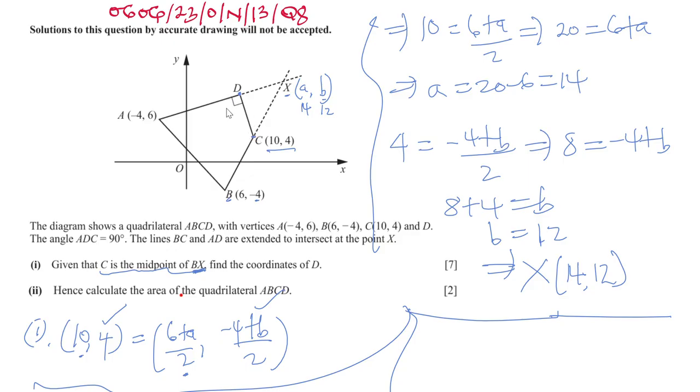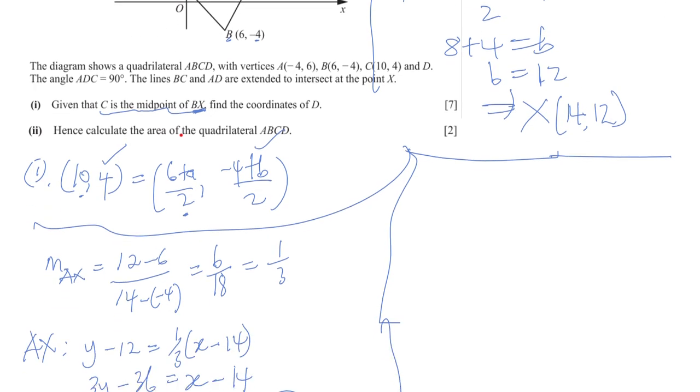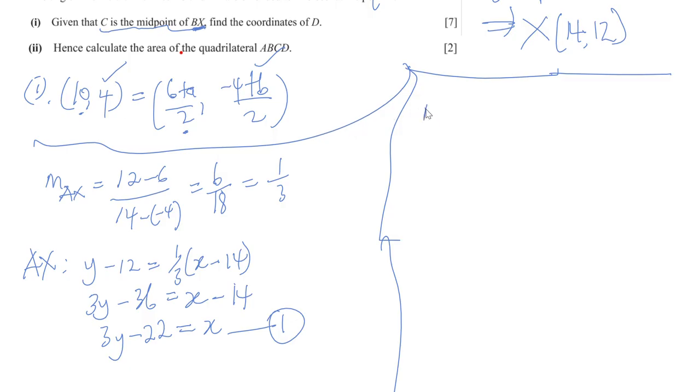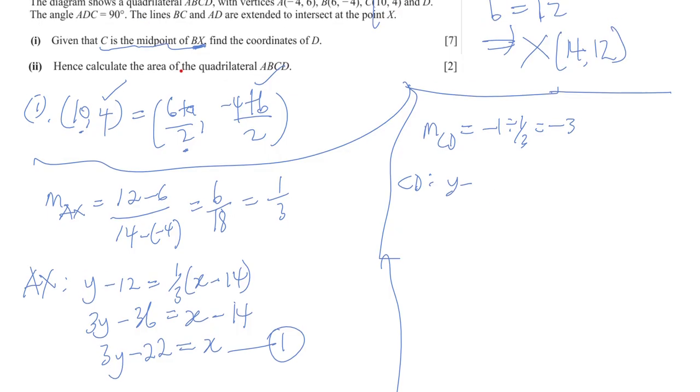We see that line CD meets AS at 90 degrees. So the gradient of line CD should be equal to -1 divided by gradient of AS, and that gives -3.